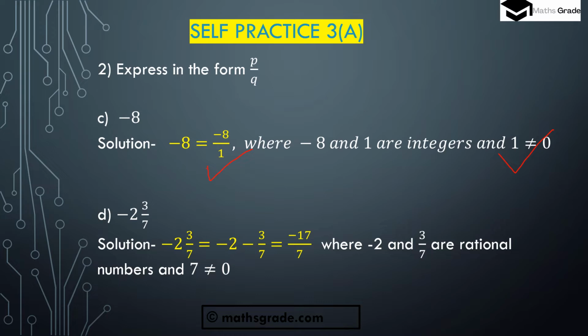We can write minus 2 and 3 divided by 7 as minus 2 minus 3 divided by 7, which is minus 2 multiplied with 7 is minus 14, minus 14 minus 3 is minus 17 divided by 7, where minus 17 and 7 are both integers, and Q, that is 7, is not equal to 0.